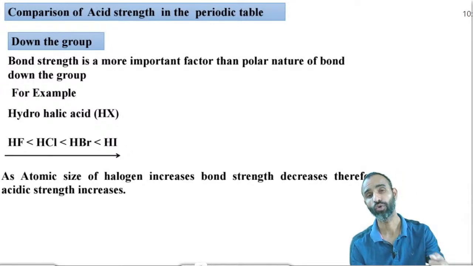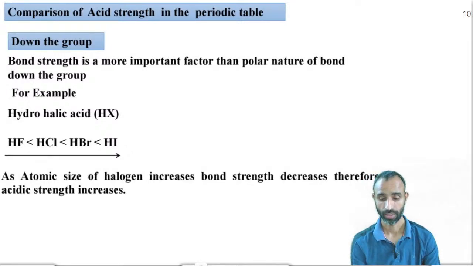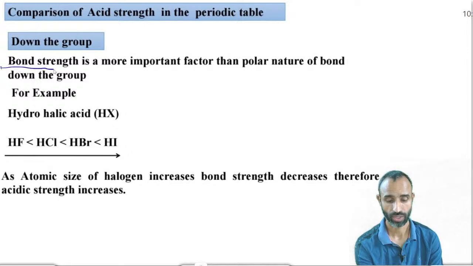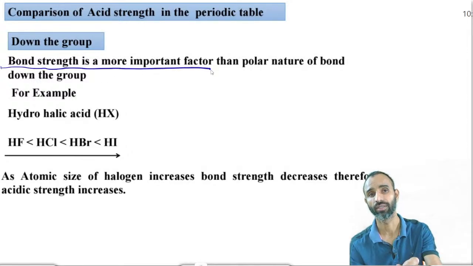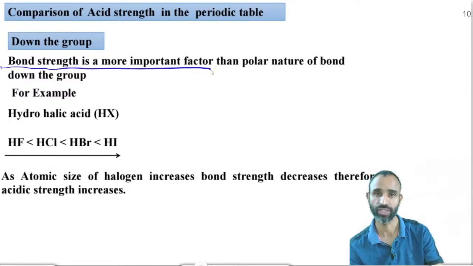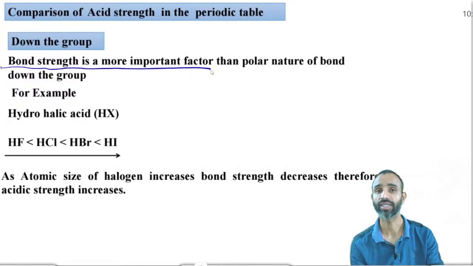Now if we go down the group, then bond strength is the more important factor. That means size dominates. So if we go down the group, size increases, and as size increases, bond strength decreases, because bond length increases.